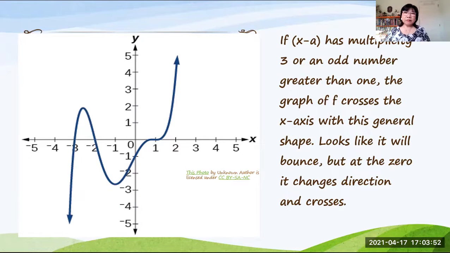When the function has an odd degree, a power 3, or maybe power 5 or power 7, bigger than power 1. So if power 1, we have multiplicity 1 at x minus 2 and x minus 3. But at 1 here, we have a multiplicity of 3.